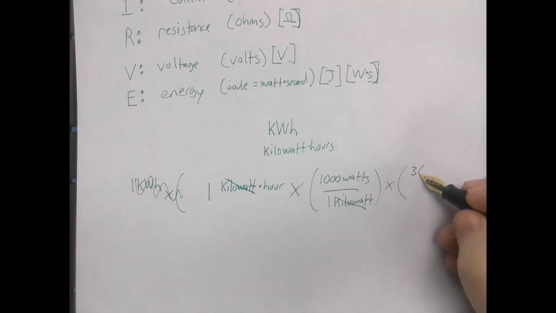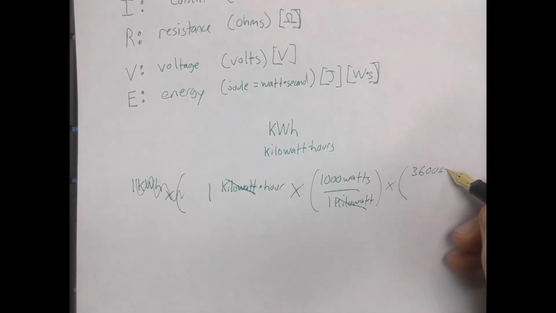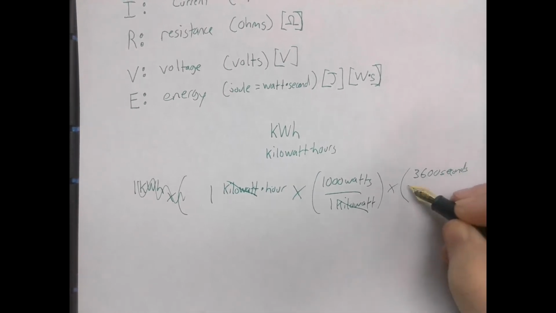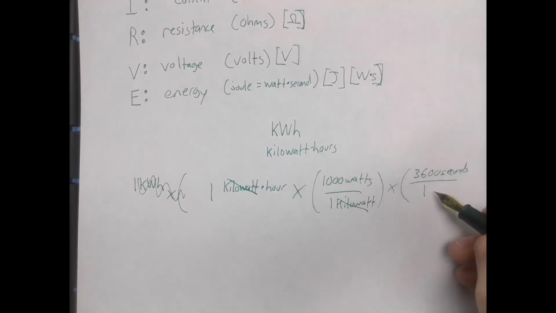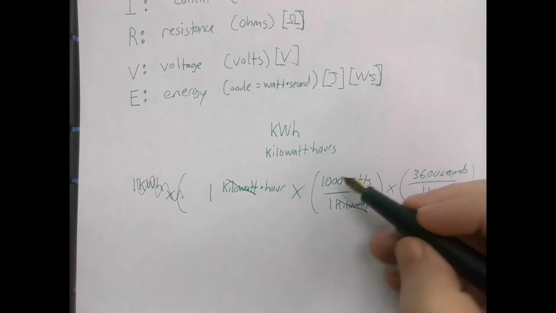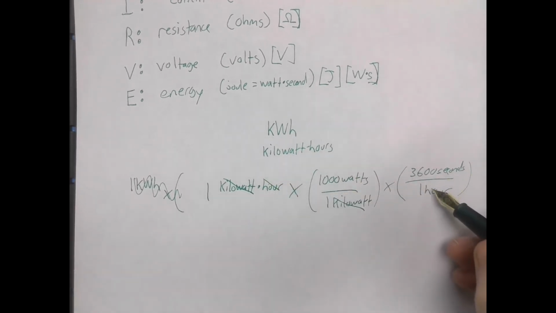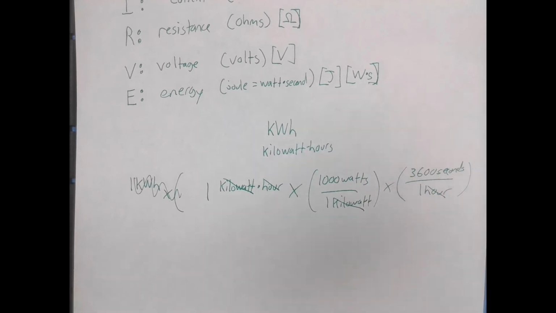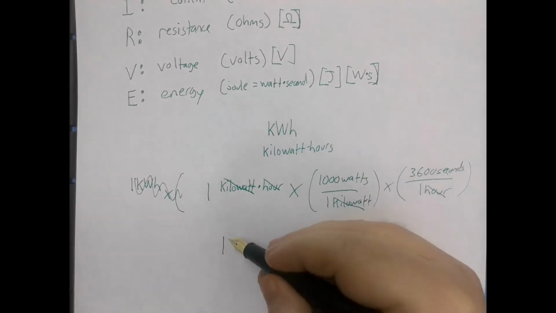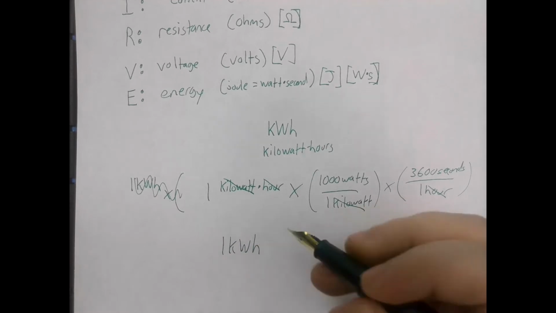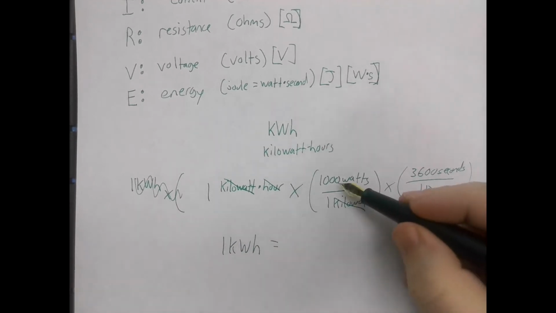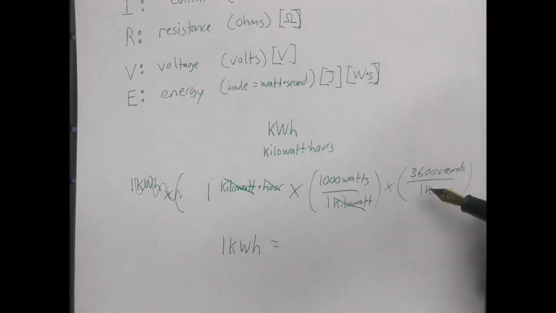There is 3,600 seconds in 1 hour. So hours cancel out, and we're left with watts and seconds. So 1 kilowatt hour is equal to 1,000 times 3,600.